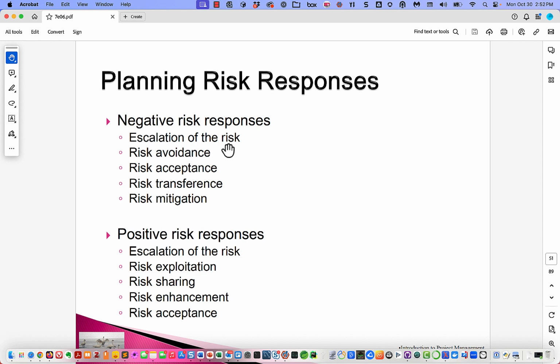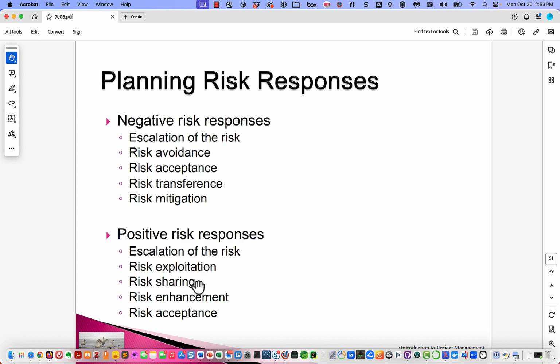Escalation of the risk would be in terms of escalating our response to it organizationally, getting people higher up the chain involved in it. Whereas risk exploitation, this is a point I was trying to make earlier and sort of fired off early. Risk exploitation is saying, well, let's double down. If we have a risk that something good is going to happen, how can we make that happen twice as much?